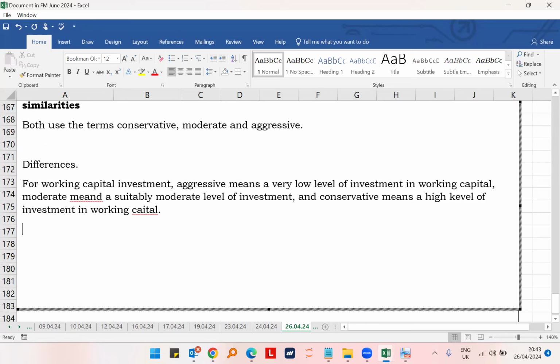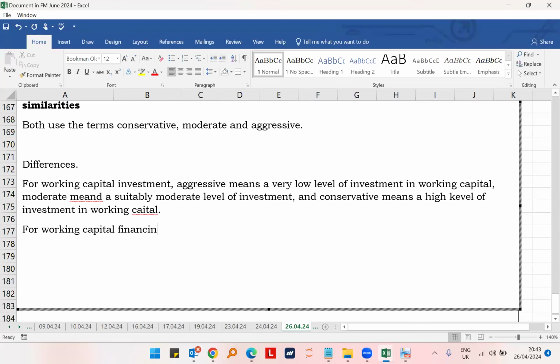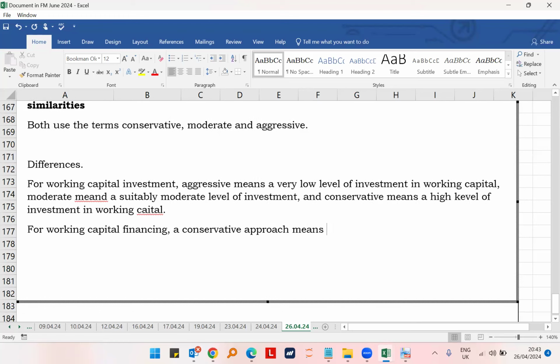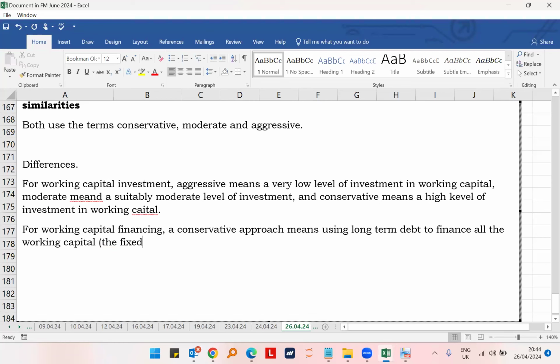Now, for working capital financing, a conservative approach means using long-term debt to finance all the working capital. So you can say the fixed part and the floating, the fluctuating one, or the variable part.